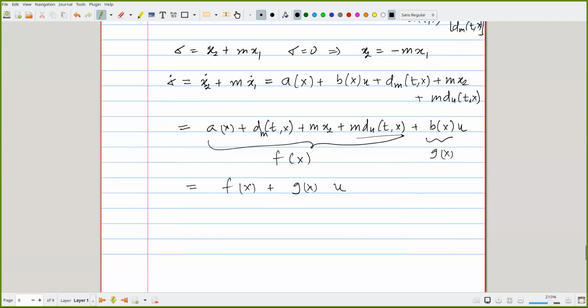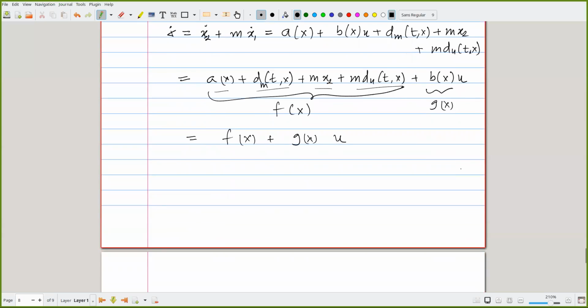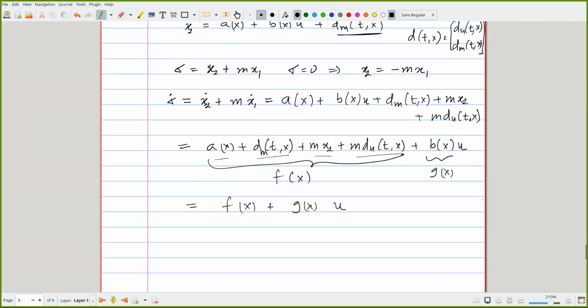So d_u is bounded, the d_m term is also bounded, and the states are bounded. We know the maximum values these states can take as physical variables, so a(x) is bounded. So we know f(x) is going to be bounded, and we assume the bound to be known. g(x) has to be lower bounded, otherwise we have problems in controllability.